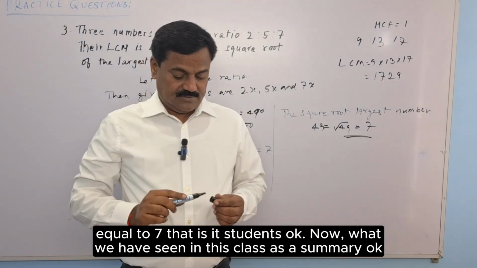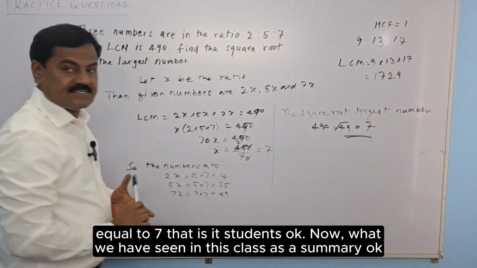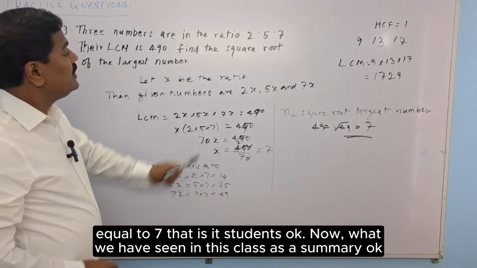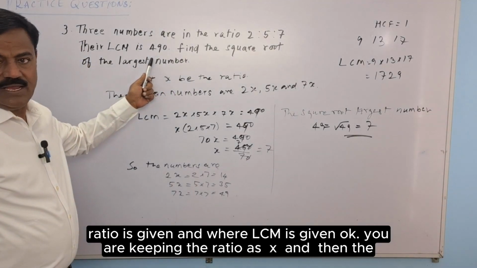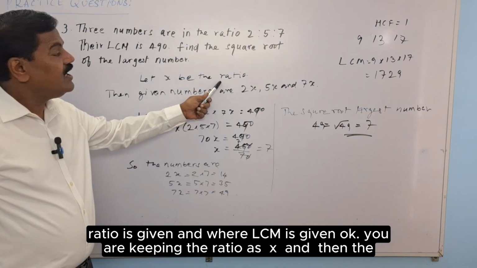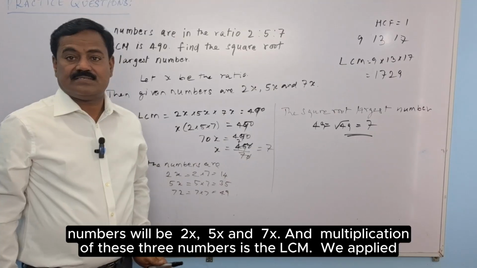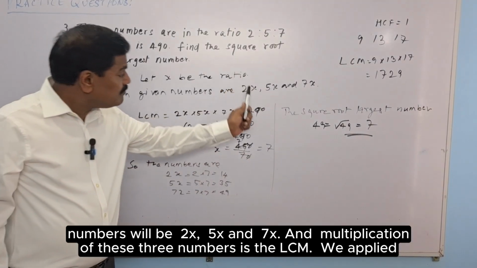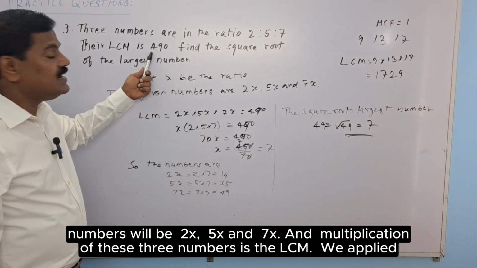That's it, students. Okay, now what we have seen in this class as a summary, okay, ratio is given and their LCM is given. Okay, you are keeping the ratio as x. Okay, and then the numbers will be 2x, 5x and 7x. Okay, and multiplication of these three numbers is the LCM.